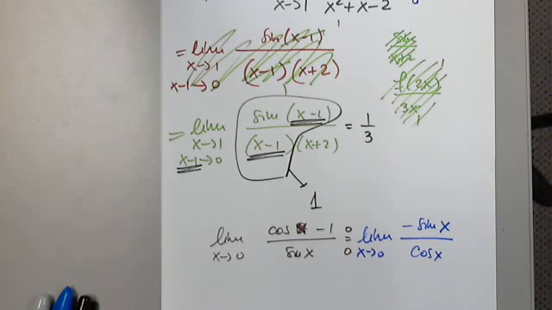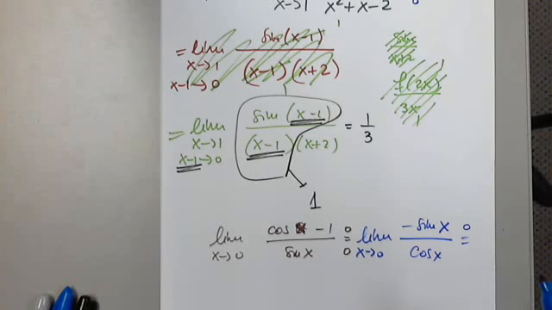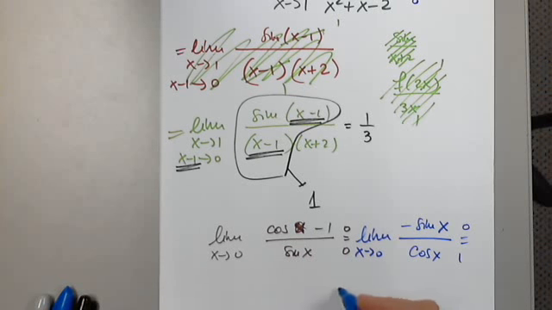Now I plug in 0 again. The numerator goes to 0, very good. The denominator goes to 1. This is not an indeterminate case. It's not an undefined case. The answer is 0.